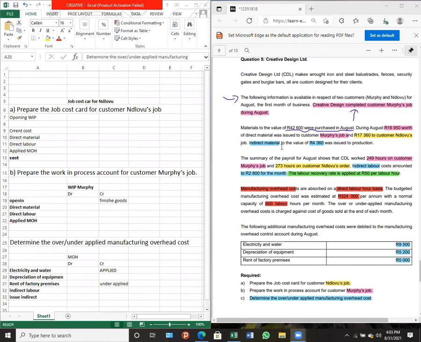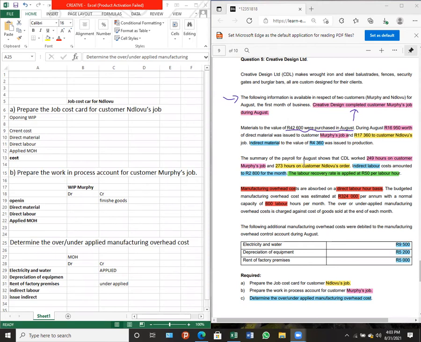And then the indirect material to the value of 4,360 was issued to production. Here, guys, my colors are yellow, pink and blue. The sky blue one represents your manufacturing overhead.